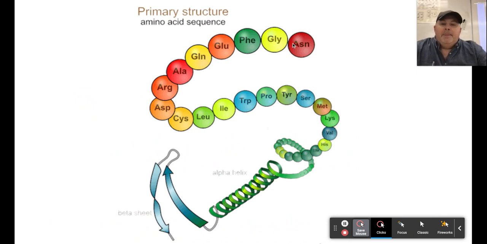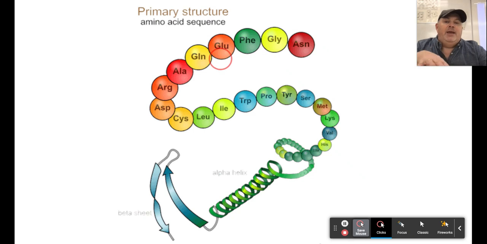In a sense, this is probably what we refer to as the simplest structure. We call it the primary structure, where we have a series of amino acids all linked together in a particular order. Now, what you'll notice here is, look on the left-hand side where ASN is. This is an amino acid. It's just an abbreviation for that amino acid, but it's right next to one called GLY, or glycine, and then phenylalanine, and then glutamine.